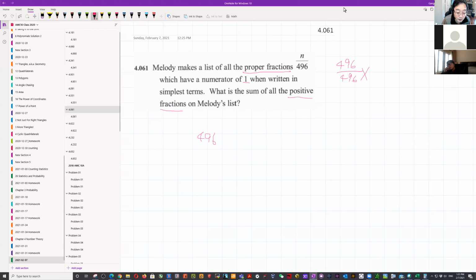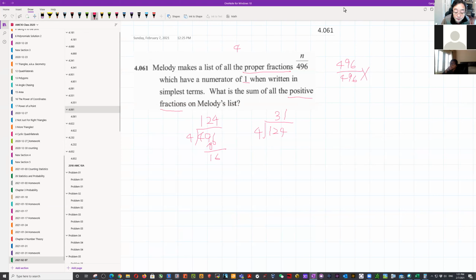496, we know it's divisible by 4 because 96 is divisible by 4. So we will be able to divide that, and it gives 124. 124 can still be divisible by 4 because 24 is divisible by 4, and that gives 31.